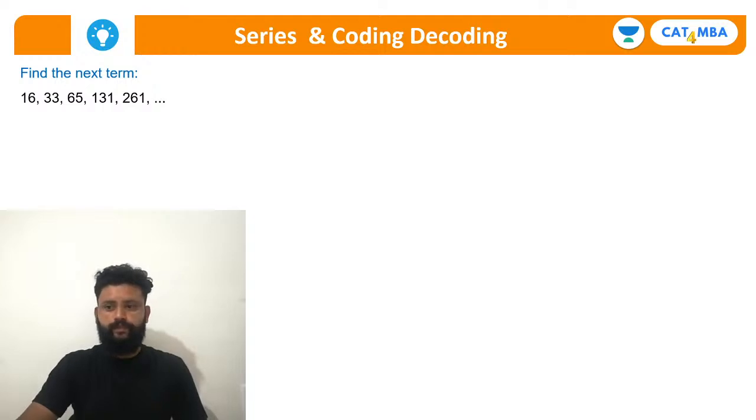So what's the approach to solve this question? Let's have a look at the first number 60, then the second is 33. Try to connect a few numbers and see if you can get any logic.